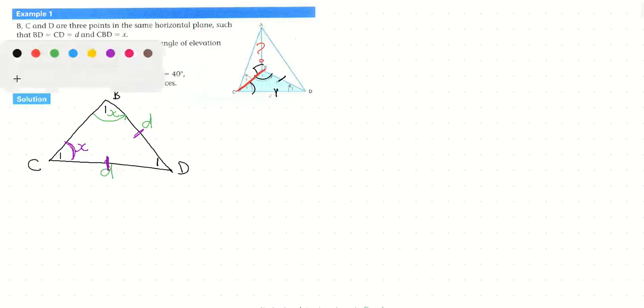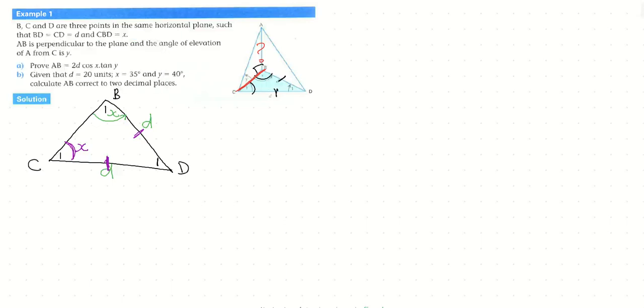Now, where is my common side? What is it that I want to know? I want to know what this is so that I can figure out what AB is. So if I look at this triangle over here, I end up having these two sides, those two angles. I don't have an angle including side, which means I don't want to use the cos rule. I want to use my sine rule.